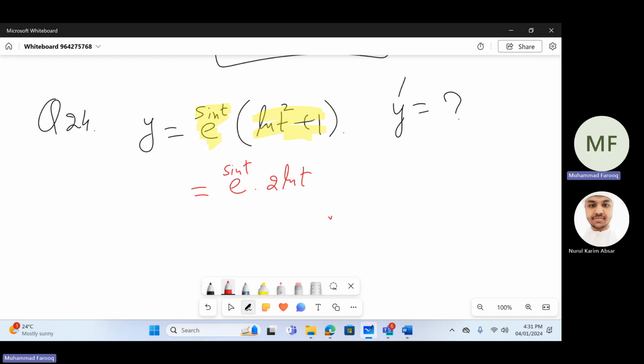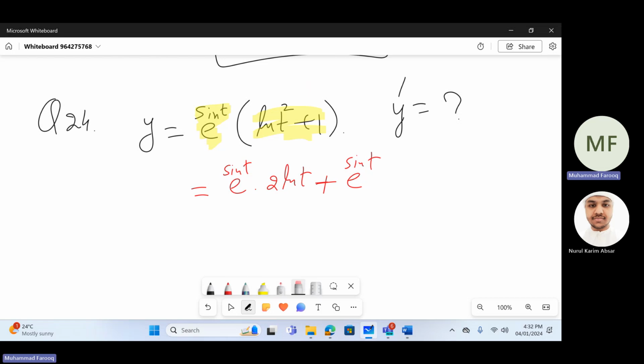Then plus e to the power of sin t. So what we did first, we just distributed, and during distribution we noticed that this is the argument, it has a power, so we take it down like that.